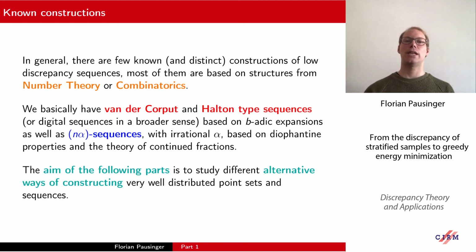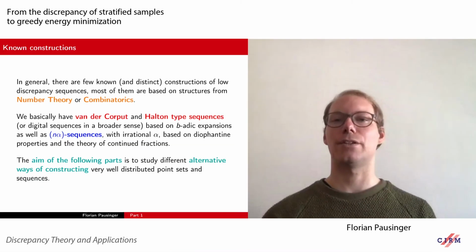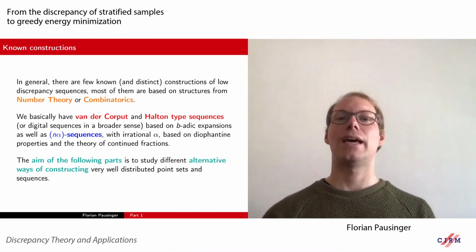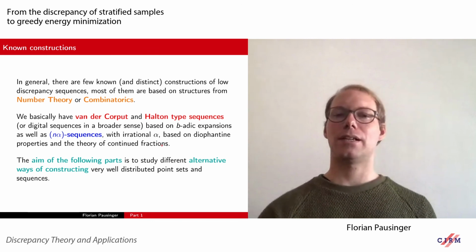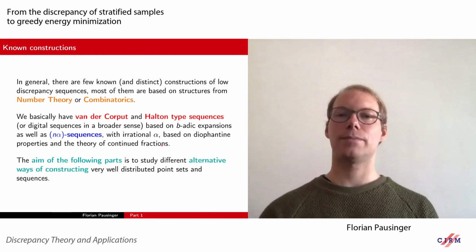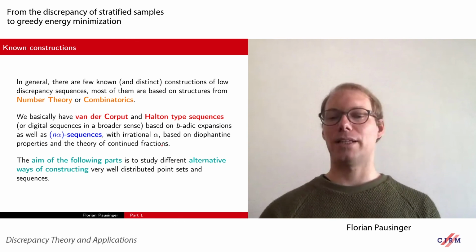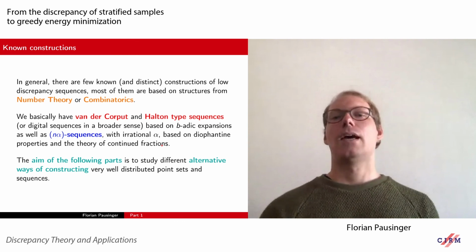And on the other hand, we have n-alpha type sequences, which are usually based on Diophantine approximation and on properties of irrational numbers alpha. So these are two distinct construction principles, which are well established and studied.